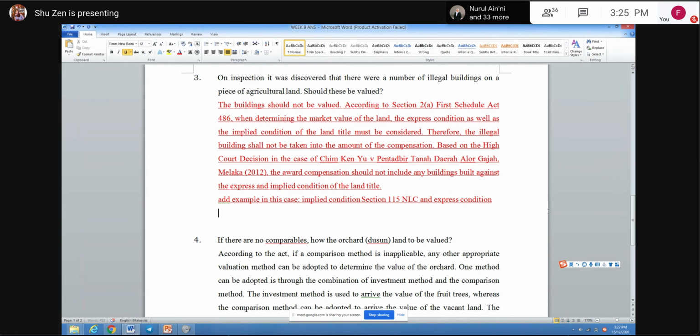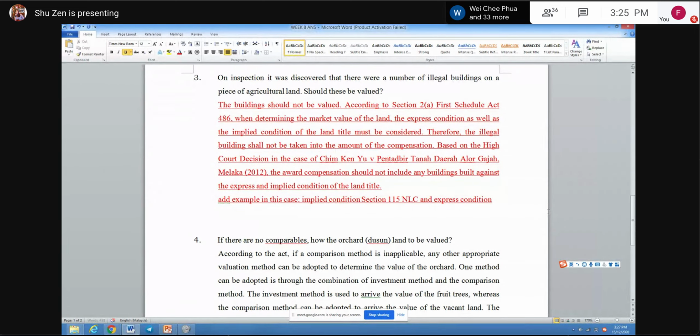Can it be valued or not? Cannot be valued. If the building is not related to the purpose, just logging, you know? A sawmill, a kilang papan. I think cannot, if not related at all. In my opinion.